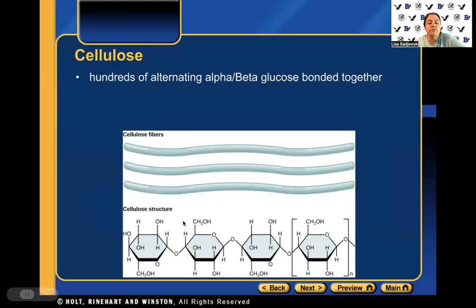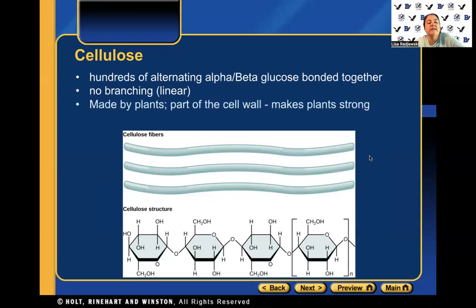It's just glucose bonded to glucose, bonded to glucose, hundreds and hundreds of times, but it's an alpha, beta, and alternates when they bond together. It is linear. As you can see in the picture, there's no branching, which some of the other types of polysaccharides will have. And plants make it. It's part of their cell structure called the cell wall, which we'll learn about in our next unit. And it makes plants very strong. And that is what fiber is, and we can't digest it.